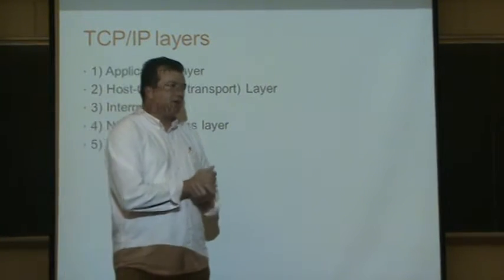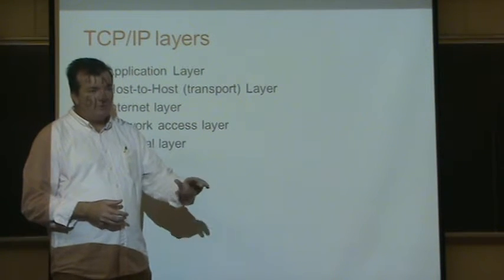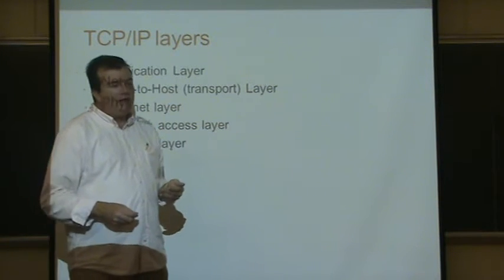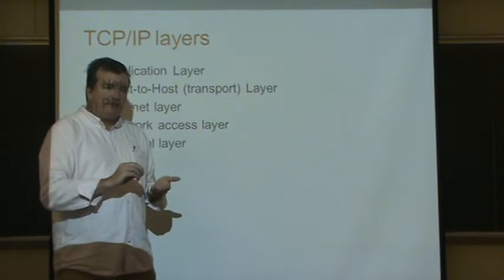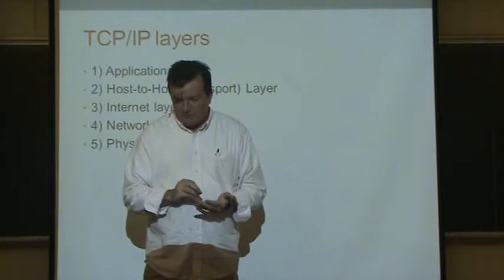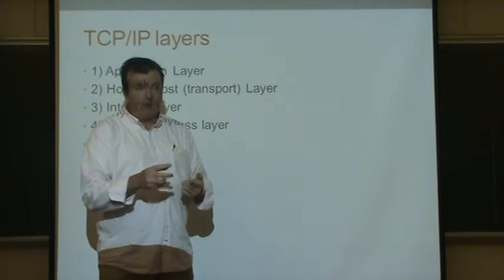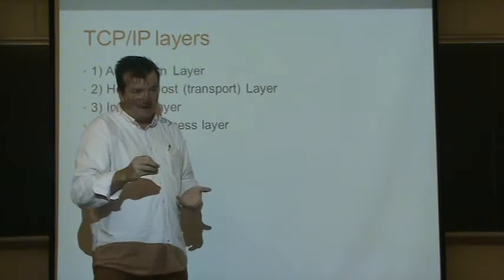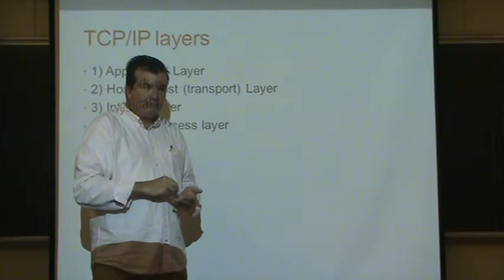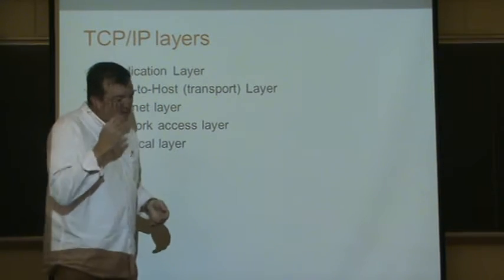Suppose you wanted to send a letter from the United States to someone's house in India. You would write your message in a language that both you and that person understand. So part of one layer is the language, right?